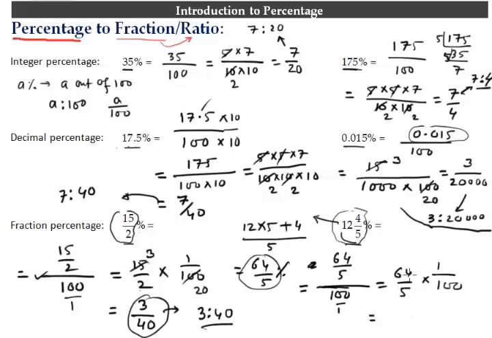So now from here, if we cancel 4, then 4 times 16 is 64, 4 times 25 is 100. So we will get 16 division 5 times 25 is 125. So this is the fraction value corresponding to this percentage, or if we write it in the ratio form, it will be 16 ratio 125. So from percentage to any other form of number, it is easy. We will just take the value of the percentage and divide it by 100, and then after that it's merely simplification.